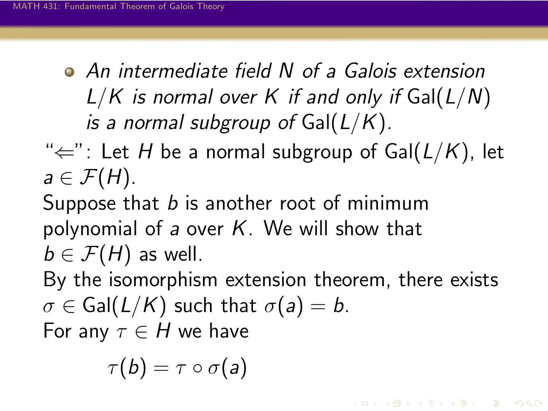Then we would have that tau of B would be equal to tau of sigma of A, since B is equal to sigma of A. And then we're going to do sort of an old group theory trick. We're going to apply sigma and its inverse to the left. So we're going to take tau of sigma of A and plug it into sigma inverse, and then plug it into sigma. Since sigma and sigma inverse cancel each other off, this gives us an equality.